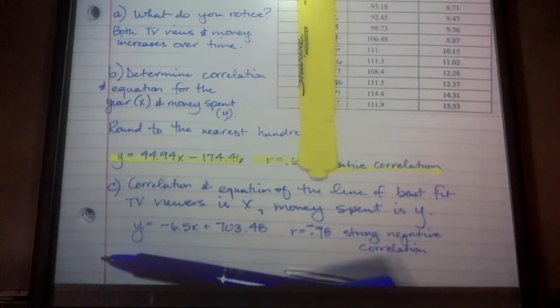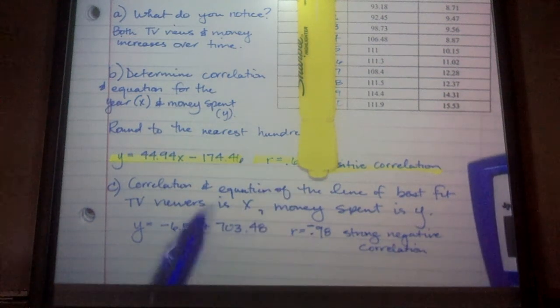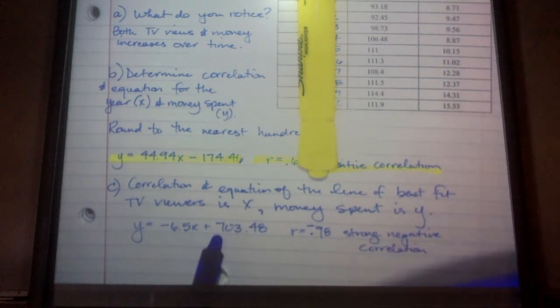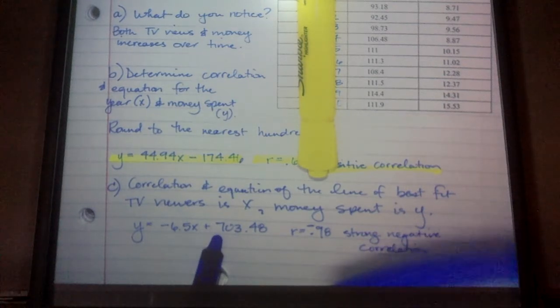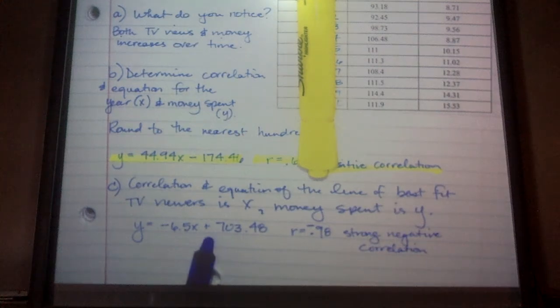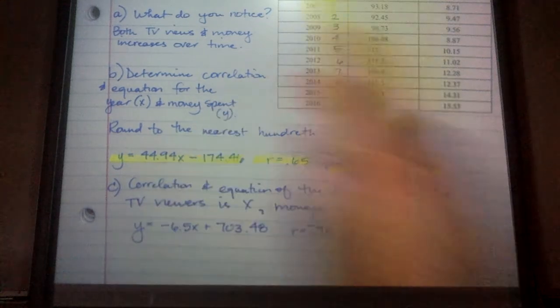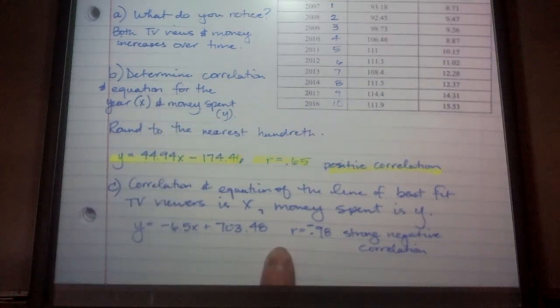My calculator looks right. We should have a positive correlation, so I don't know what's going on. It should have a positive correlation. Not sure how I messed that up. TV viewers in millions and money spent. Well, I messed that up somehow, but it's interesting that these had a positive and these had a negative correlation.